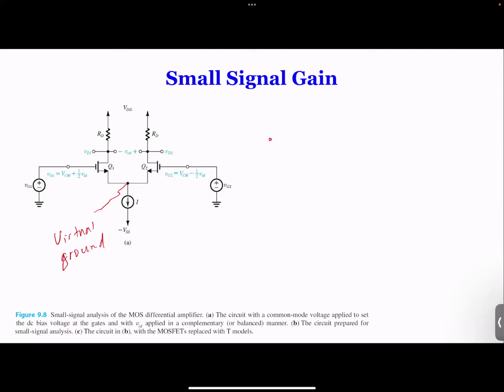So in this case, we're going to have a virtual ground over here. And for the other side, we're going to have an exact identical circuit, which is ground. Well, in theory, these are connected, but we make them a virtual ground.